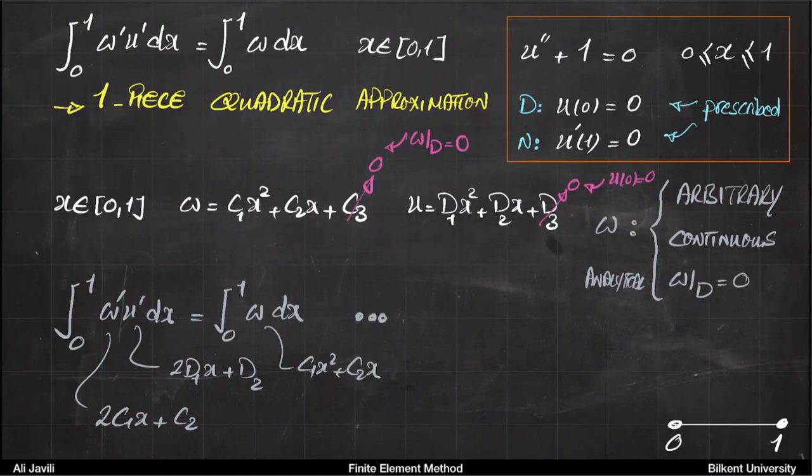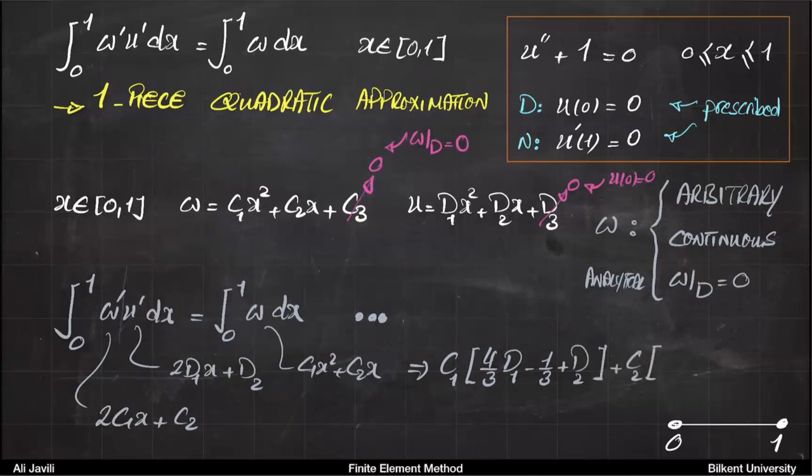I will skip the intermediate mathematical steps, but if you integrate that, you end up with an equation which looks like this: c1 times (4/3 d1 plus d2 minus 1/3) plus c2 times (d1 plus d2 minus 1/2) equals 0.